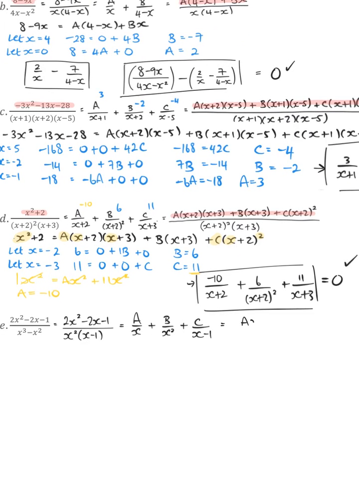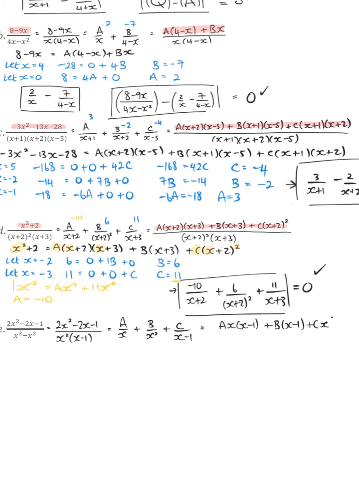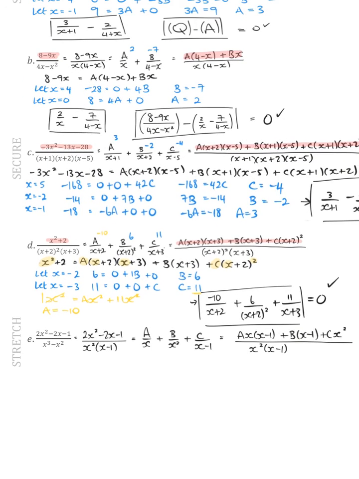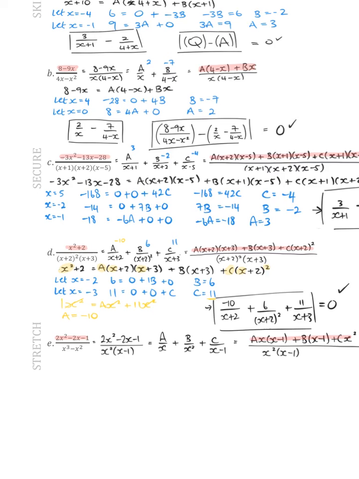So a needs to be times by an x and an x minus 1, b only by an x minus 1, and c only by an x squared, all over. So I can take this, equals this.